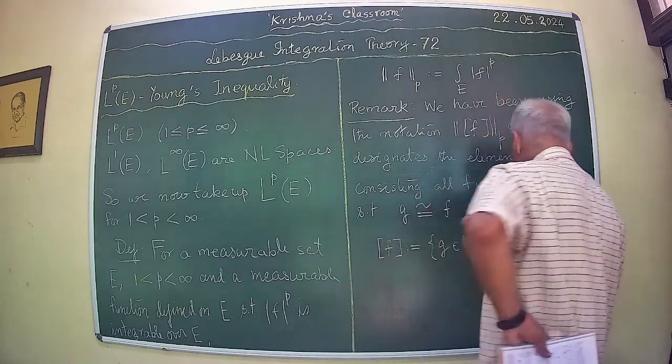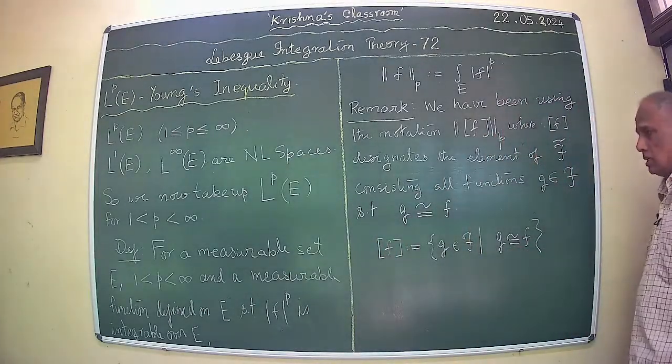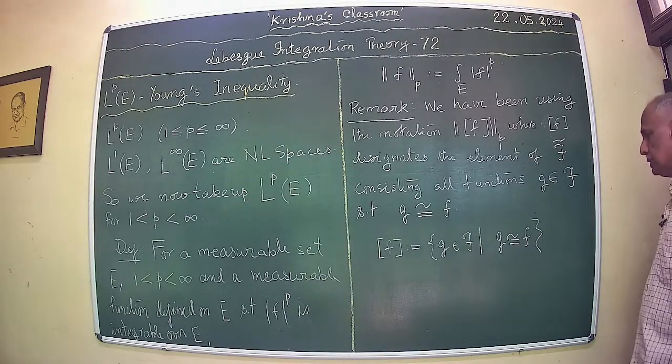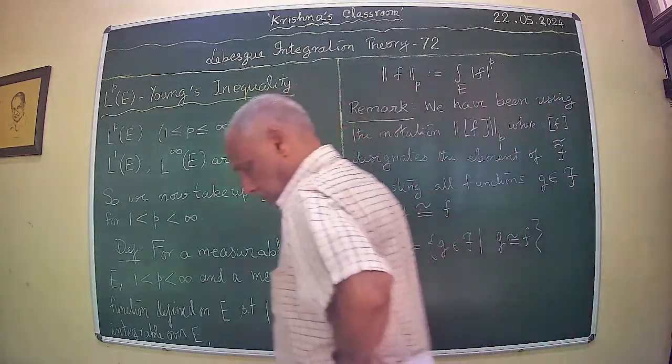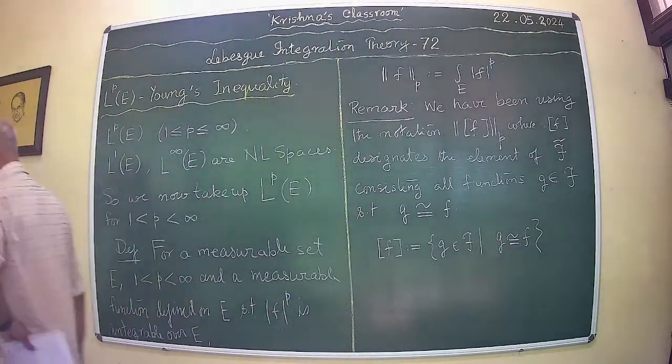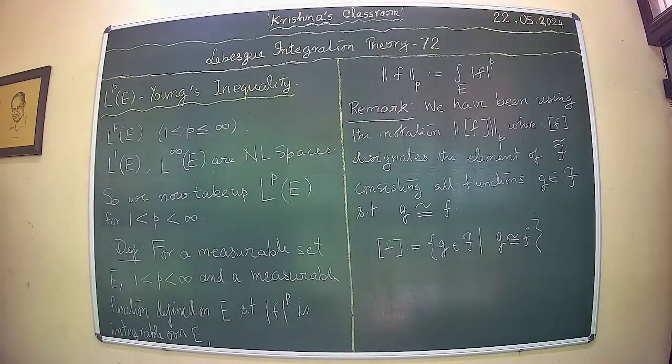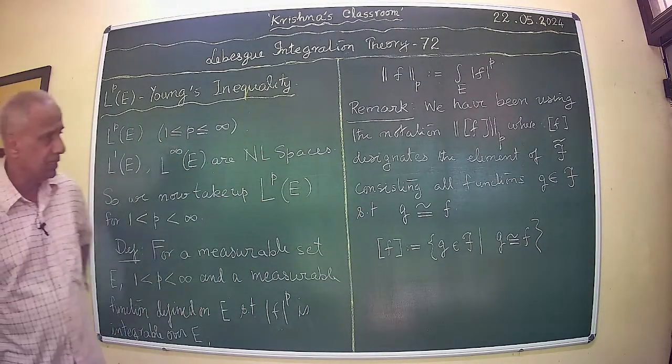In the sense, the meaning of this is that G(x) equals F(x) for almost all x. Now that is the definition of this.